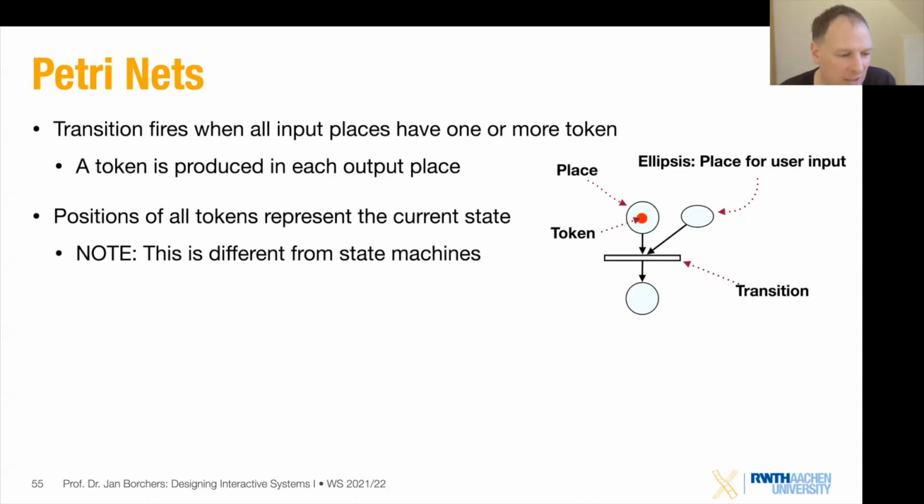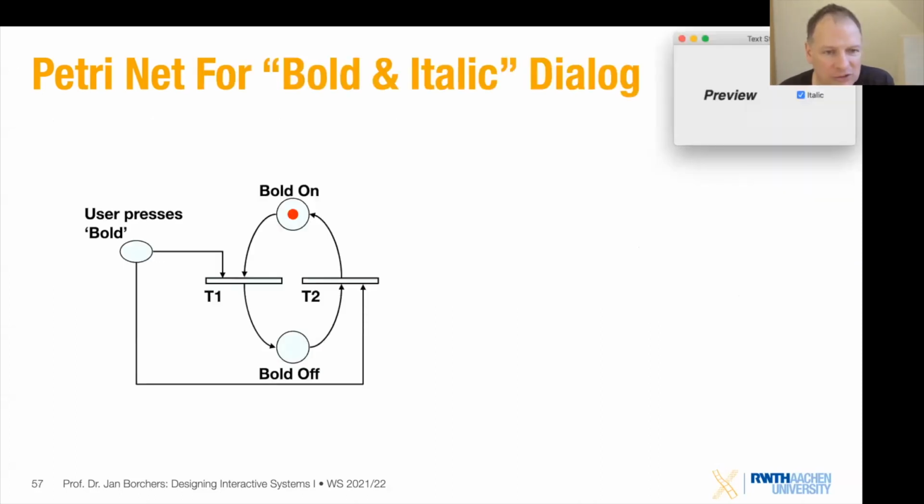Thank you, Marco. I'm going to show our version of this graphic, and I think this roughly matches what you were describing. We've got two transitions, and the state of the system, whether bold is selected or not, is represented not by one place but by the combination of these two: bold on or bold off.